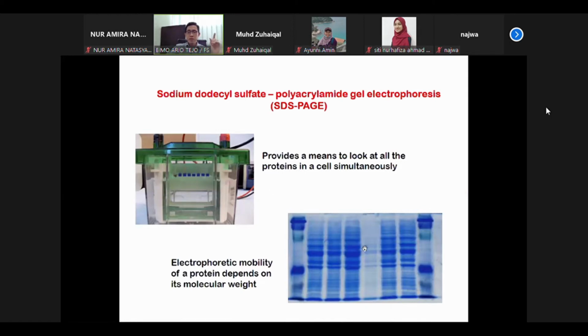So you can separate them into a single band, and each band tells you that you have this protein with this molecular weight.